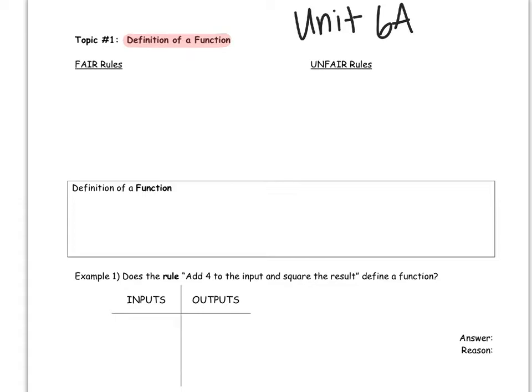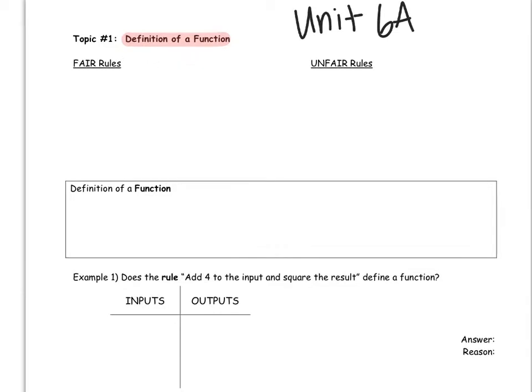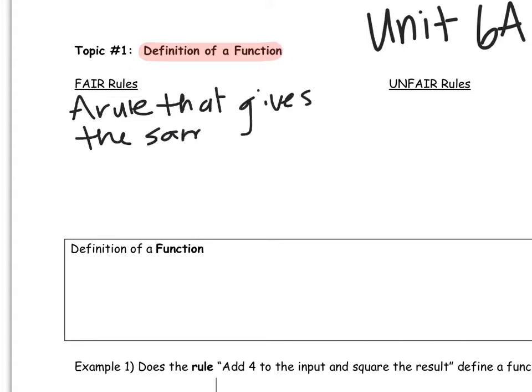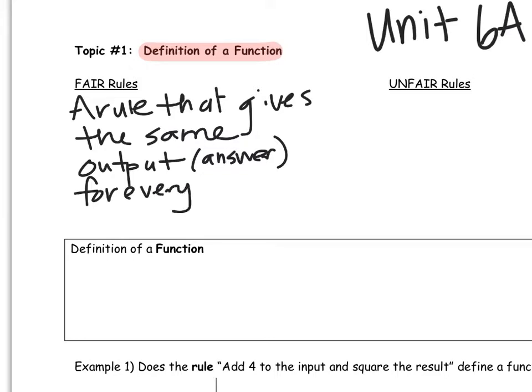Before we start on the definition of a function, I just want to talk about this idea that sometimes rules are fair and sometimes they're unfair. A fair rule is a rule that gives the same output, and you could think of an output as an answer, for every input.